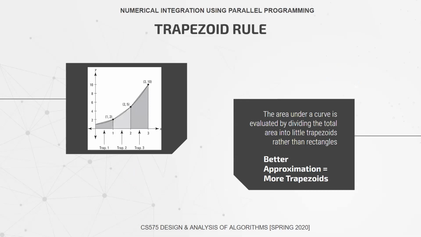Under this rule, the area under the curve in the graph of sin x by x dx is evaluated by dividing the total area under the curve into little trapezoids rather than rectangles. Simpson's rule is also related to the trapezoidal rule. It has faster convergence than the trapezoidal rule for functions which are twice continuously differentiable, though not in all specific cases. However, for various classes of rougher functions, the trapezoidal rule has faster convergence in general than Simpson's rule.